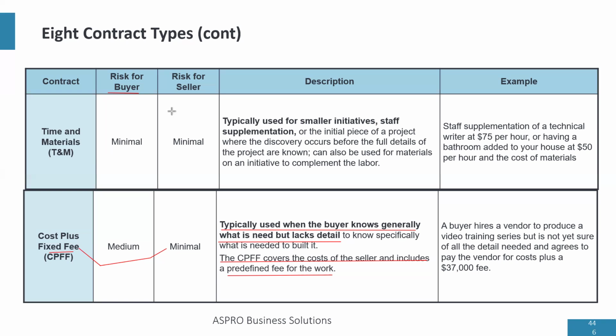Which means the seller cannot make a loss in cost plus fixed fee. Why? You're going to cover the cost of doing the work, number one, then the fixed fee, right?